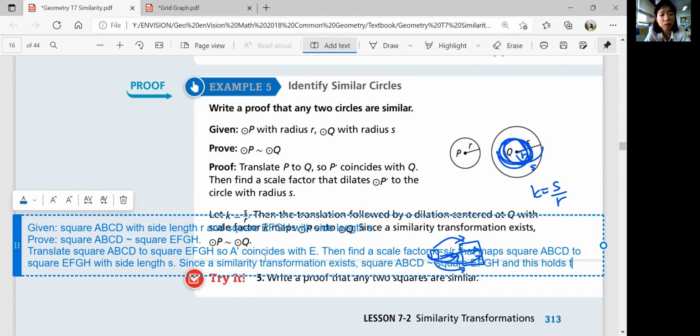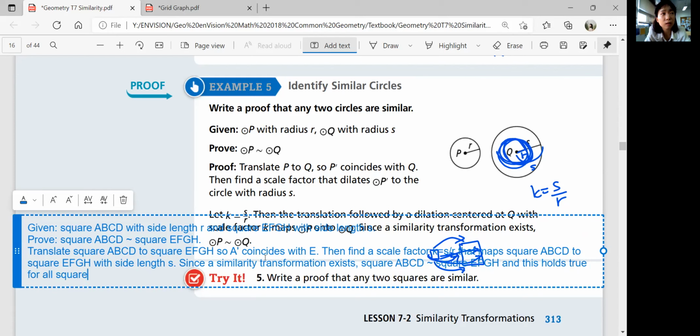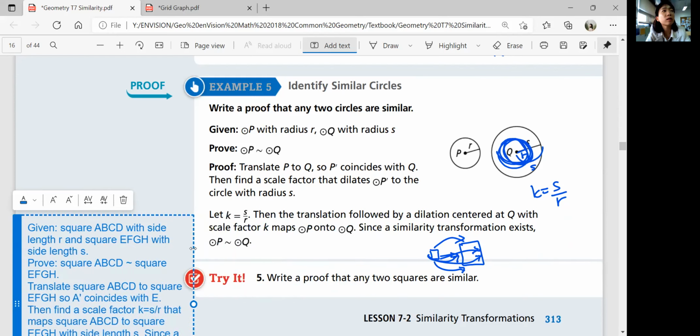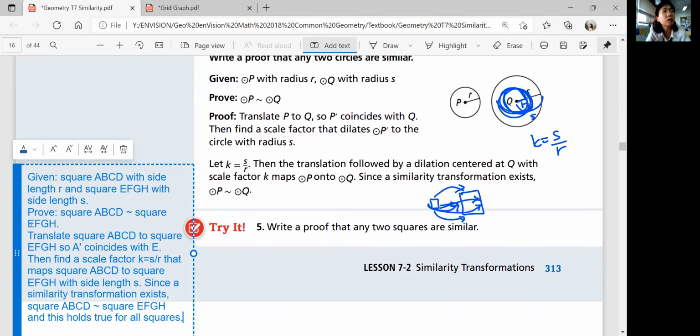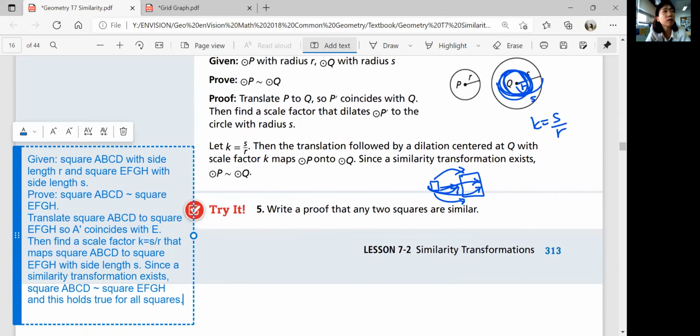This holds true for all squares and circles. But this is a proof for two squares, any two squares.